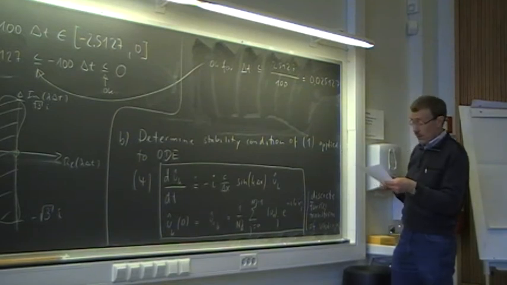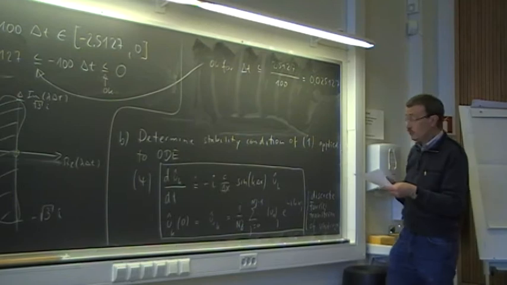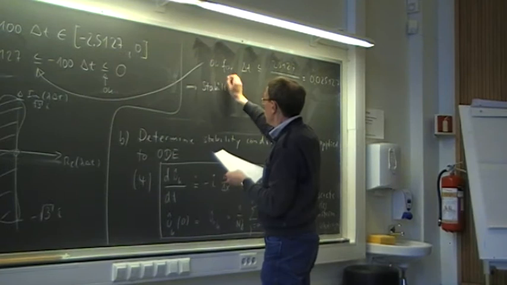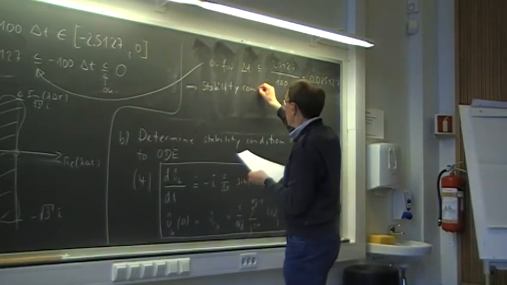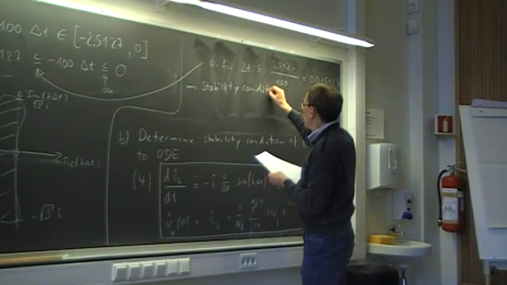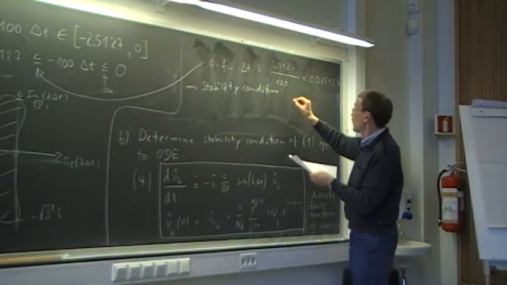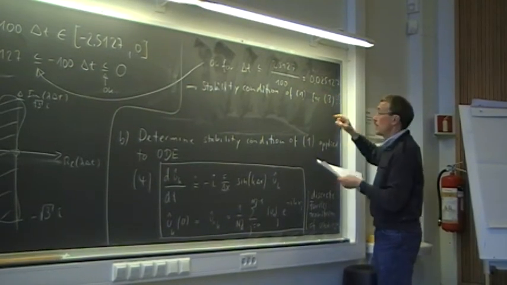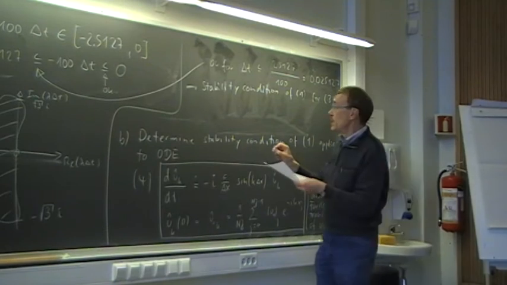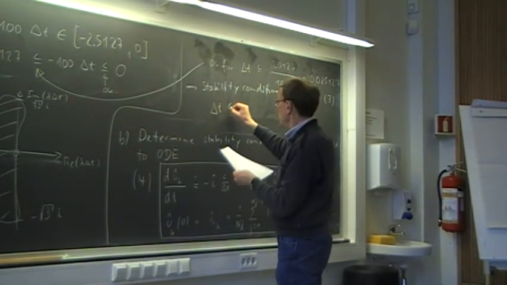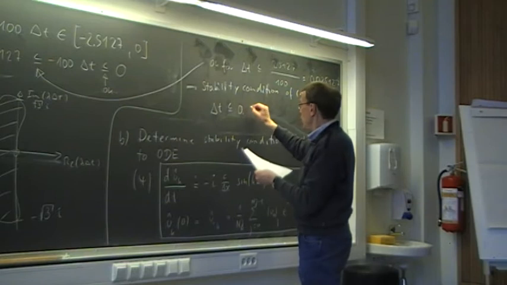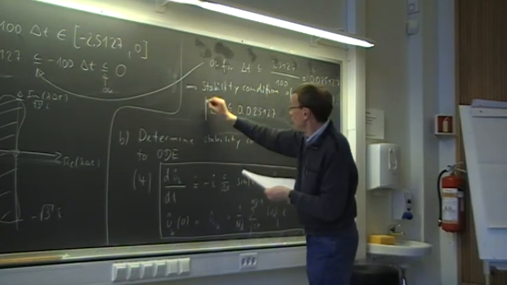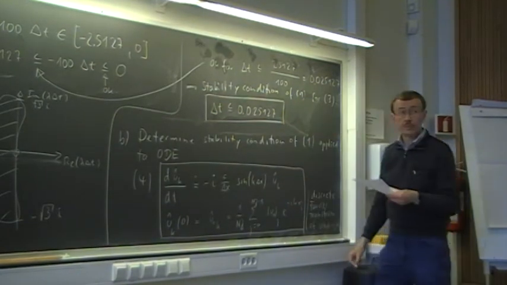So that is then what we get. So the stability condition of the Runge-Kutta method of order 1 for the ODE that I just removed is then that delta t has to be smaller equal than 0.025127. So that is the result.